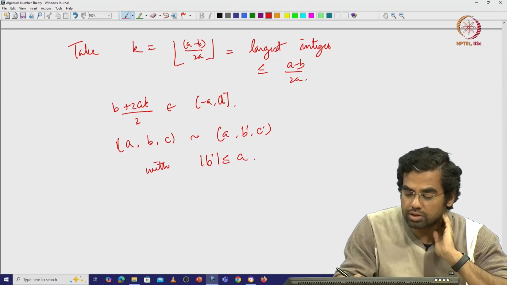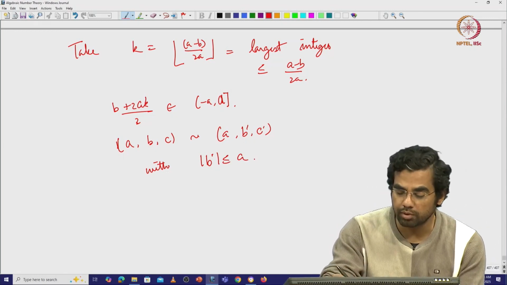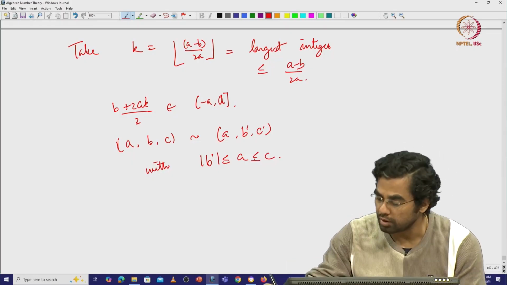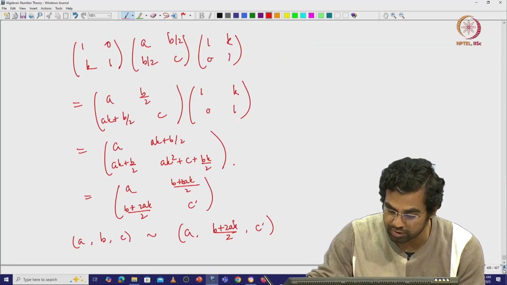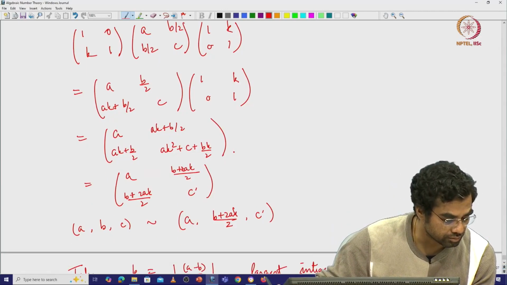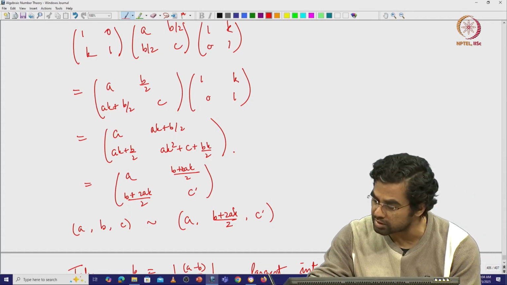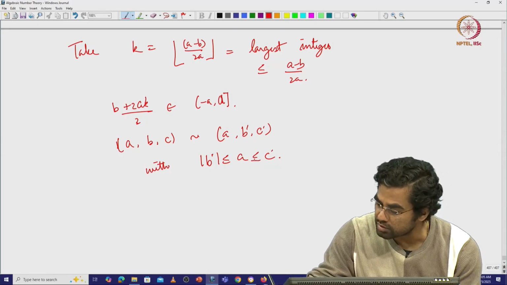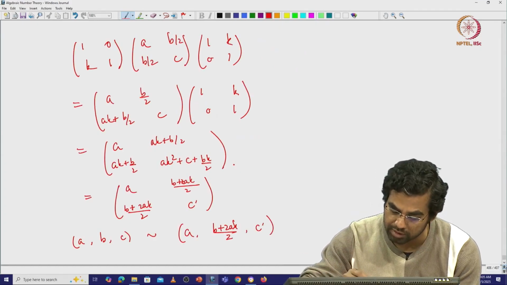Okay. So, this is almost reduced, right, because we already have this. Okay. So, if you see what the expression for c prime is, it is c plus a k squared plus b k by 2.